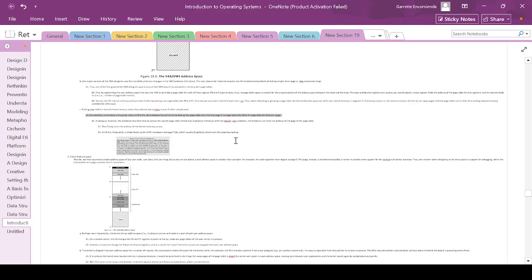For example, to translate a virtual address P0 or P1, the hardware had to first look up the page table entry for that page in its page table, the P0 or P1 page table for that process. In doing so, however, the hardware may first have to consult the system page table, which lives in physical memory.